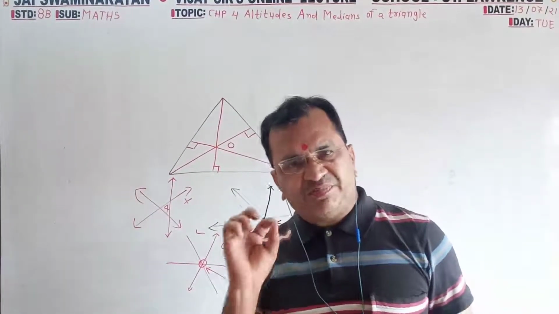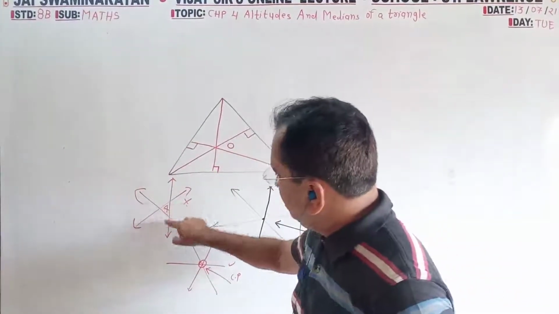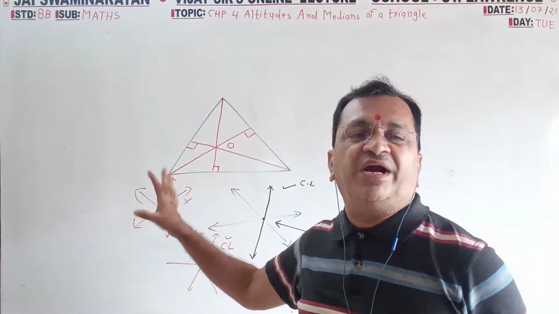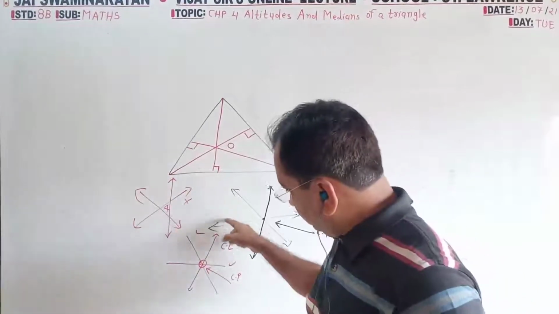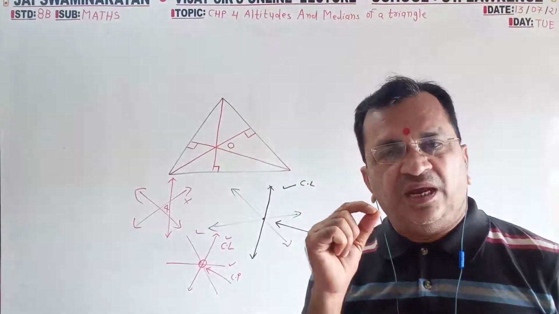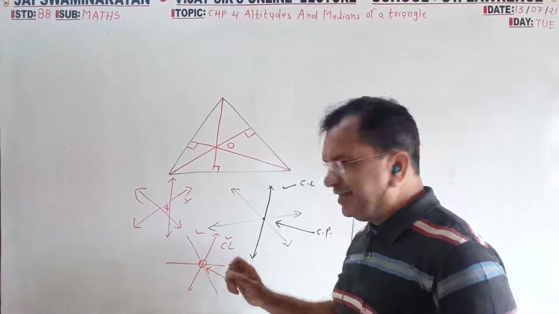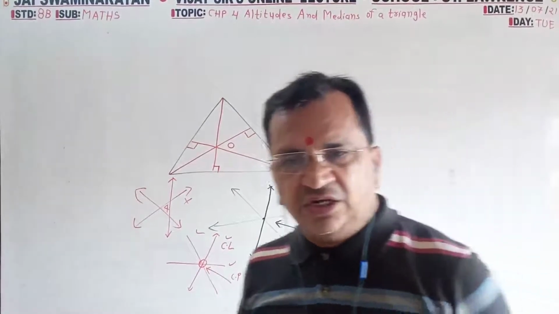If the third line is also passing from that common point, then it is said to be concurrent lines, and the common point is the concurrent point.